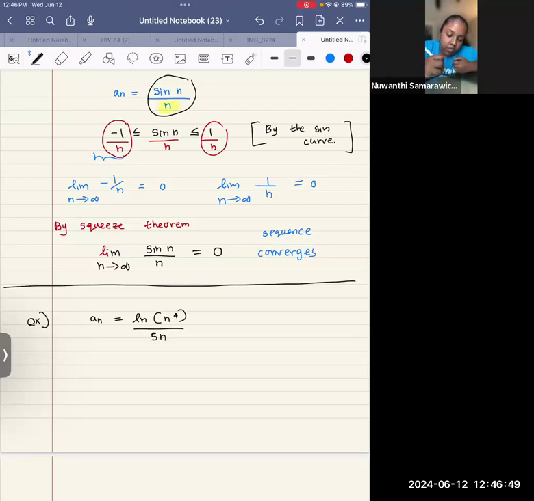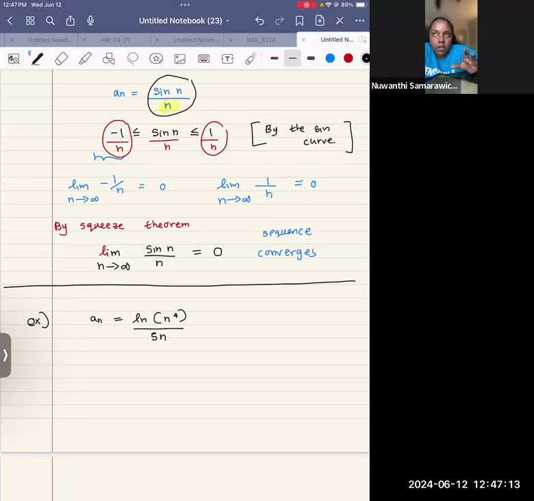So we need to check the limit of the nth term. Can you try a method you have learned in Cal 1 and solve this? Let's see whether anyone can remember how to solve this.